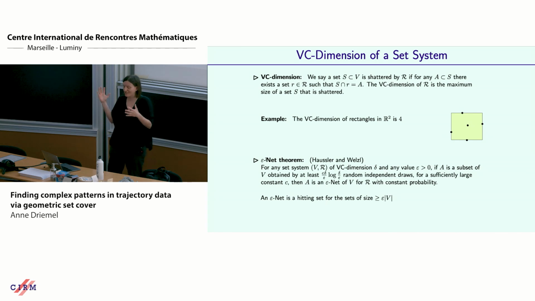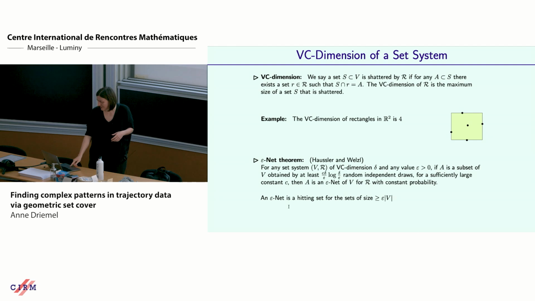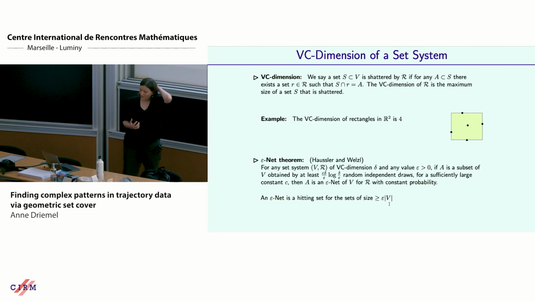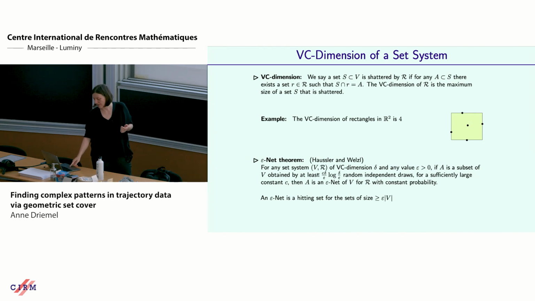It's a hitting set for the large sets, so for the sets that cover a fraction of at least epsilon times the size of the ground set. So for small VC dimension set systems, we can get this epsilon net, which is almost a hitting set, just by random sampling, where the size of the sample depends on the VC dimension.